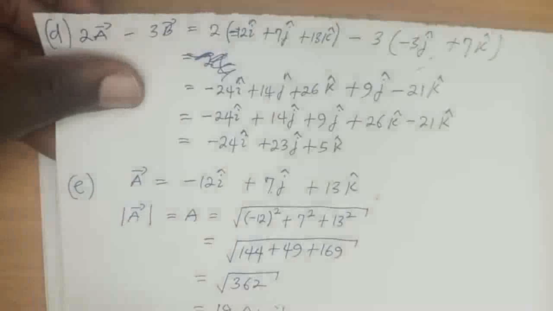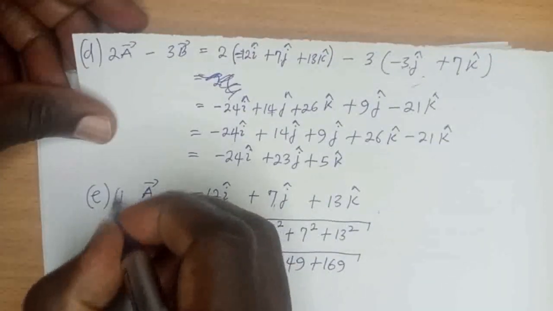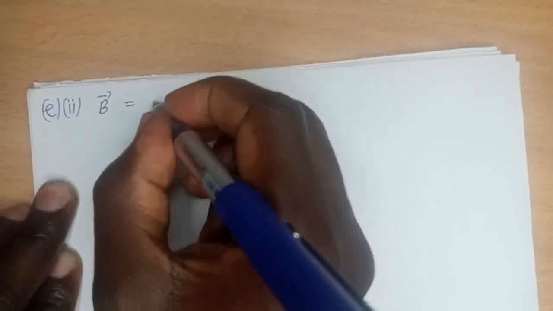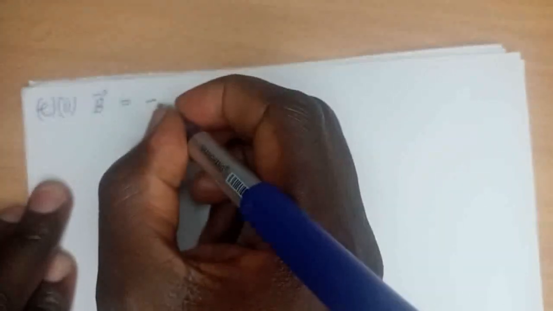So how can we find the magnitude of B? Remember this vector B. This should be my Roman number 1 for E. So then what about E Roman number 2? The magnitude of vector B: remember vector B has no component along the x-axis.